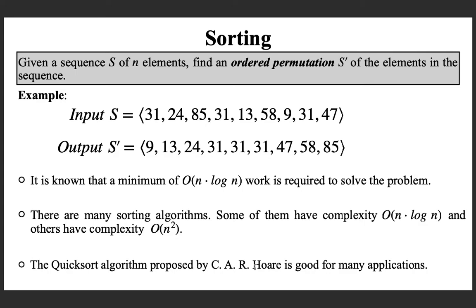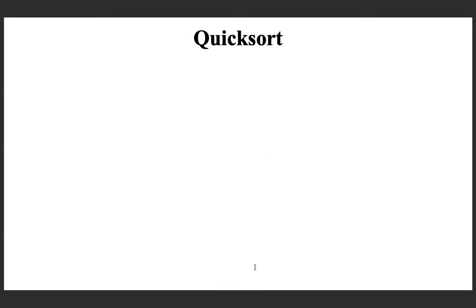So we are going to see the quicksort algorithm, and later we can see how we can apply the probabilistic method to get a Las Vegas algorithm. So what is quicksort? It's basically a divide and conquer based sorting algorithm.